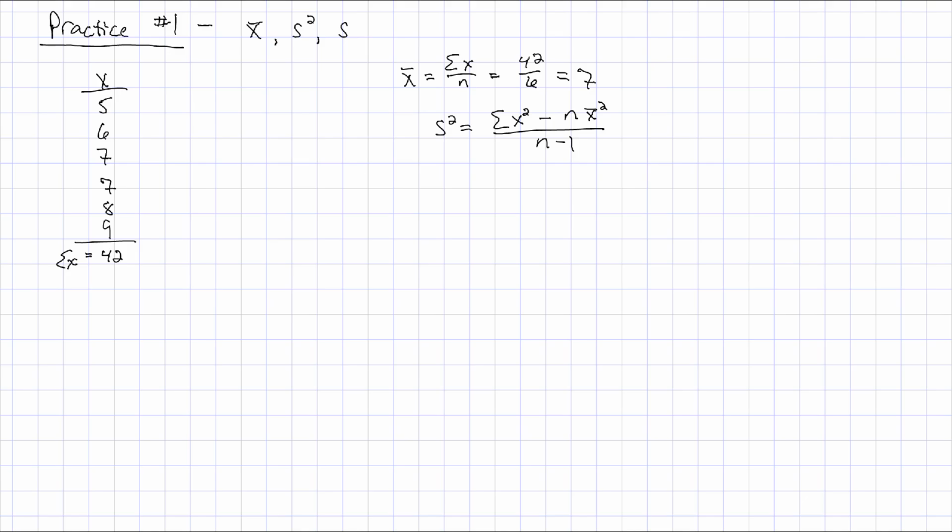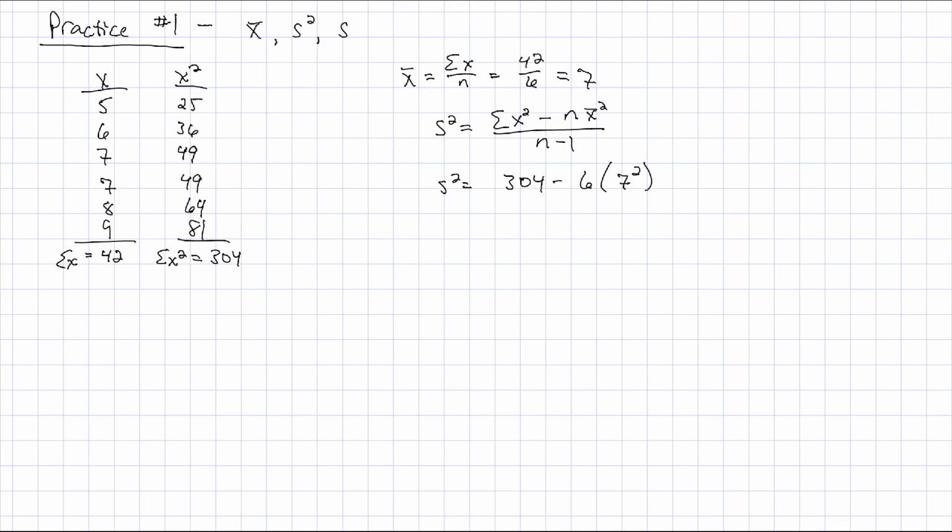So if this is the equation that I'm going to use, I have to calculate my x squares. So I've got 25, 36, 49, 49, 64, and 81. The sum of the x squares that I calculate is 304. So I have 304 minus sample size of 6 times the square of our mean.